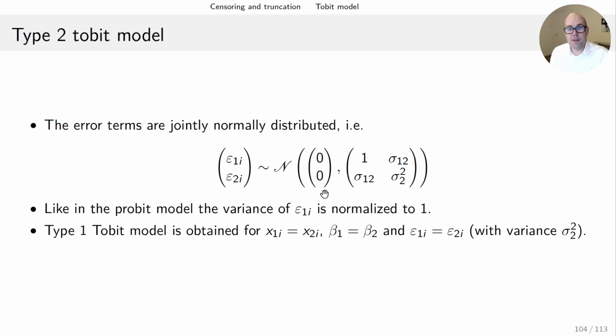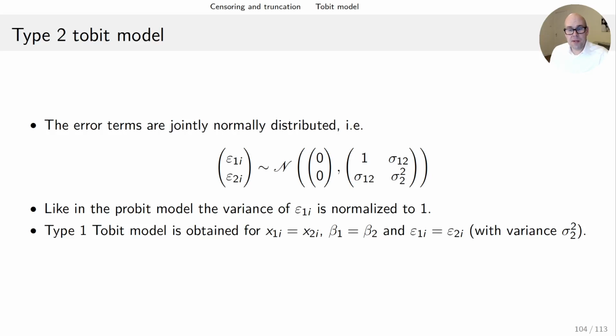But then for the variance-covariance matrix, what we do is we impose a scale normalization for the error term in the binary choice part of the model. But then we have on top of that a variance parameter for the continuous part of the model and a covariance parameter. And the covariance parameter is kind of fun to think about a little bit.